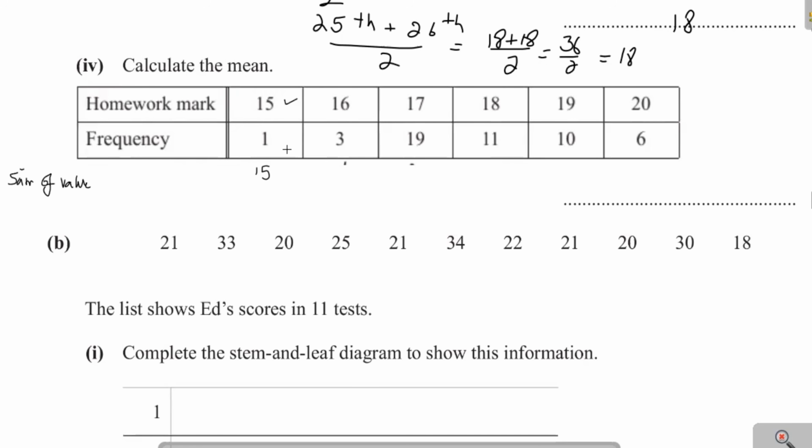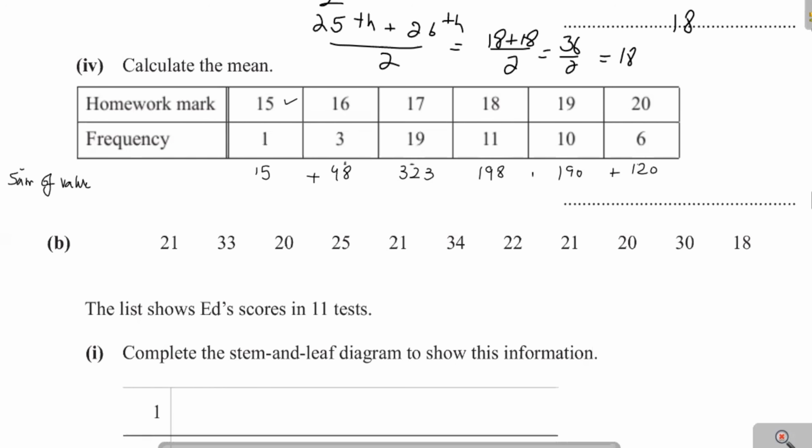Now 15 times 1 is 15, 16 times 3 is 48, and 17 times 19 is 323, and 11 times 18 is 198, and 10 times 19 is 190, and 6 times 20 is 120.